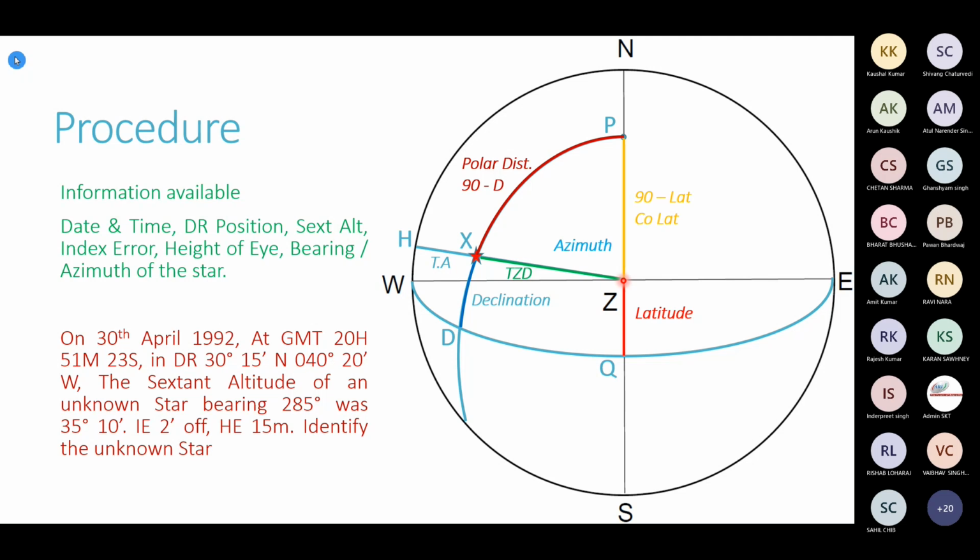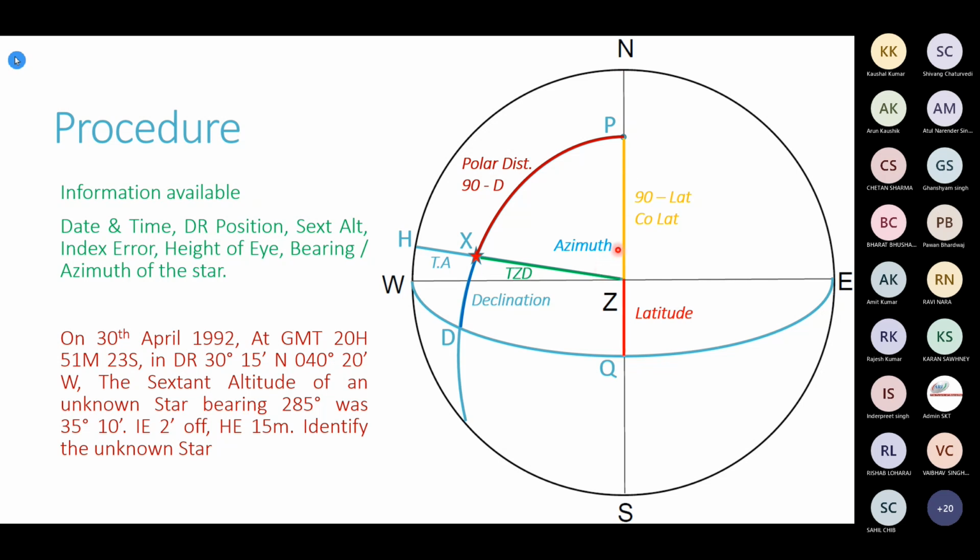Now angle Z of the triangle represents the quadrantal azimuth of the star. The bearing of the star is given to us. The bearing of the star is 285. So we know this arc or this line ZXH represents 285, and we know ZN represents 360 or true north.